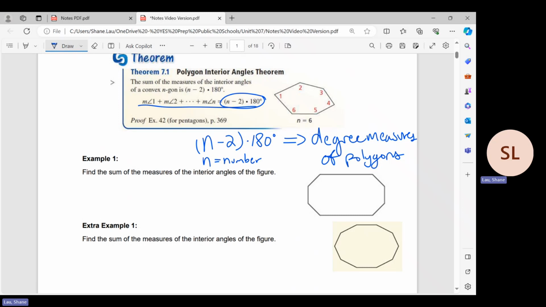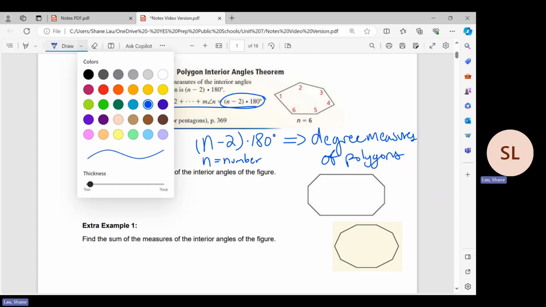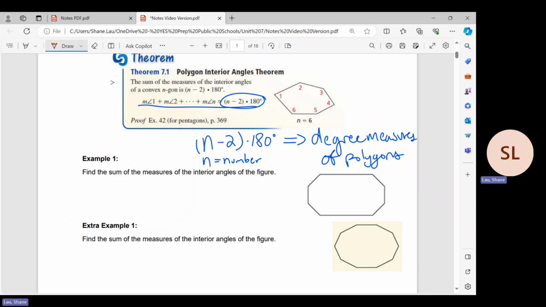So looking at the example that's given to us in theorem 7.1, right? We have to make our triangles. One diagonal there, another diagonal here, and then a last diagonal there. Notice that we have a 6-sided figure, so n equals 6, but we have 4 triangles that are created. And since each triangle equals 180 degrees, it's basically saying that 4 times 180 degrees equals the amount for our 6-sided figure here.